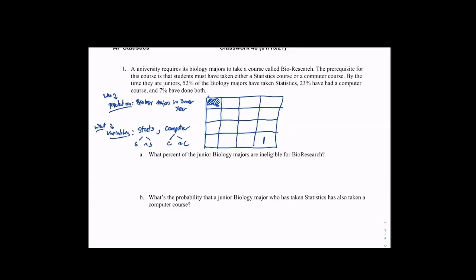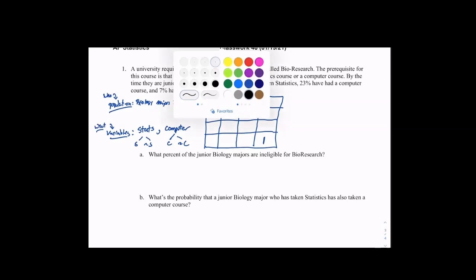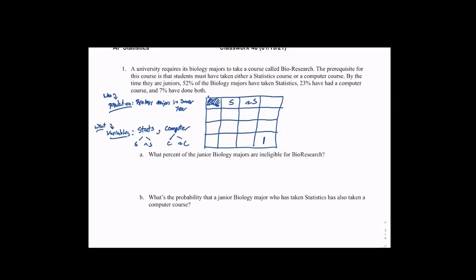So I ask again, after 10 minutes, how am I going to label the top row? S and not S. So have they taken stats or have they not taken stats? And you're missing the top far right. What do we write on the far right? It's always the same on every single problem, everybody.